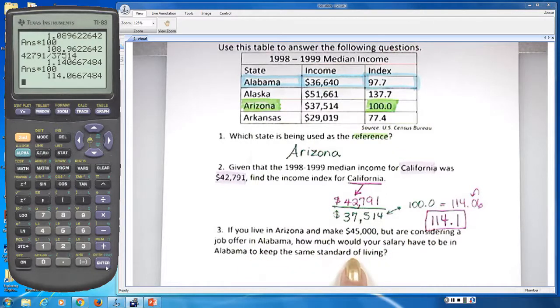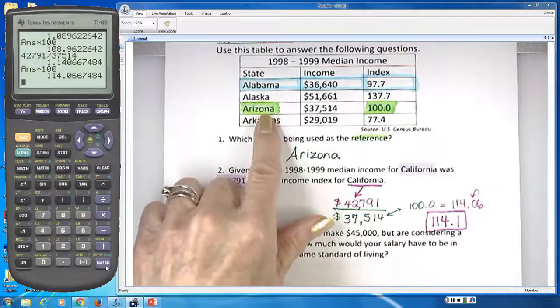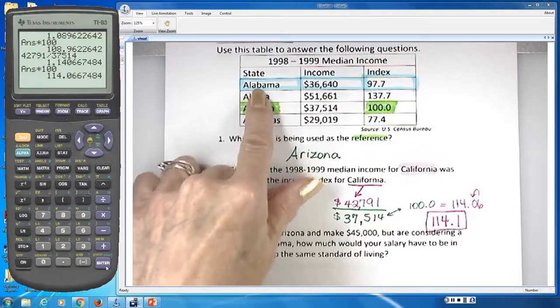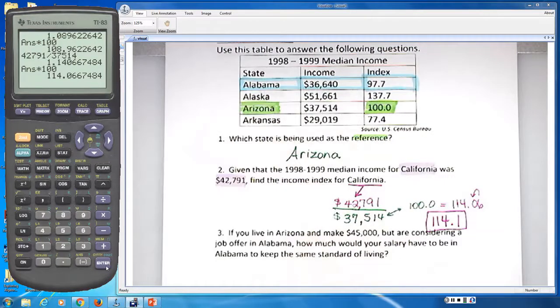Does it have to be what you're making right now in Arizona, or can it be less? It could be less because Arizona's index is 97.7, which means that your salary, if you move to Alabama, would only need to be 97.7% of what you make right now. And what you make right now is $45,000.